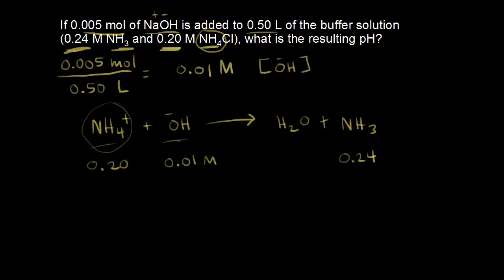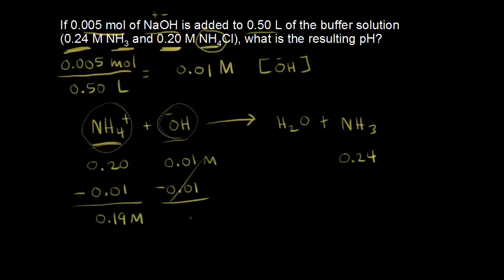If we have a concentration of hydroxide ions of 0.01 molar, all of that is going to react with the ammonium. So we're going to lose all of this concentration for hydroxide, and that's going to neutralize the same amount of ammonium. We're going to be left with 0.19 molar for our final concentration of ammonium.